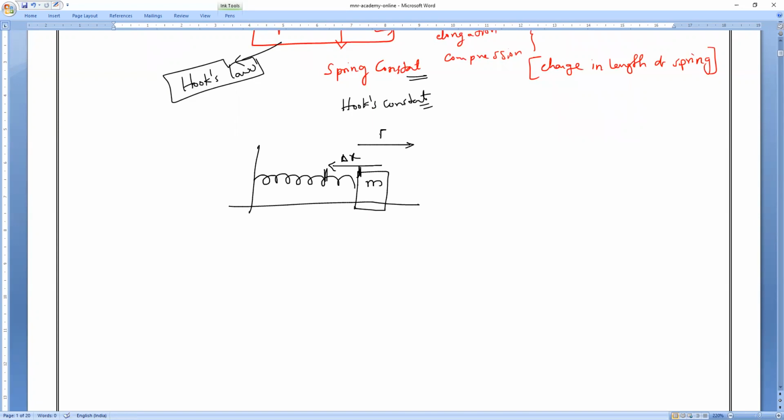The spring force will act opposite to that. Am I right or wrong, everybody? So spring force is equal to minus K into delta X. Actually you can write spring force is equal to K into delta X, but the minus indicates what, everybody? The minus indicates it is always acting opposite to the change in length of the spring. Do you understand, everyone? Clear, all of you?